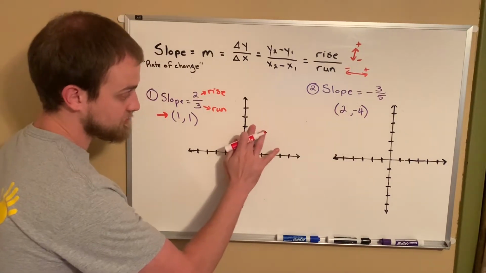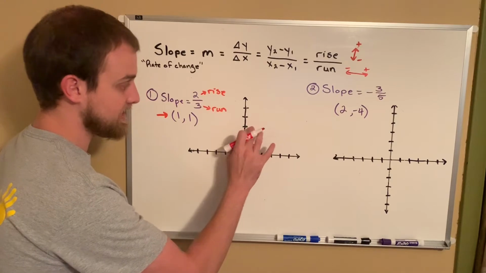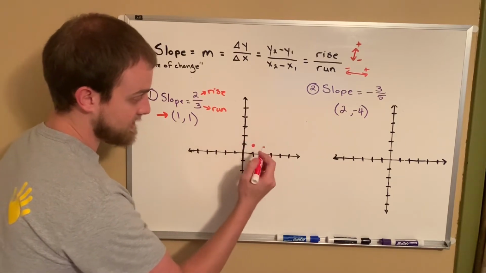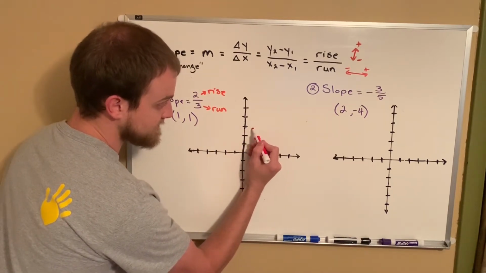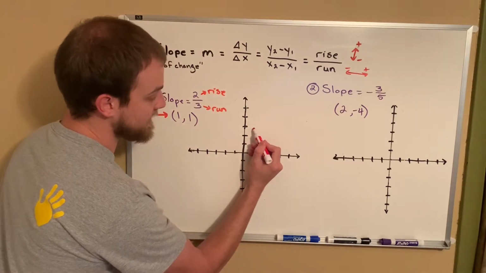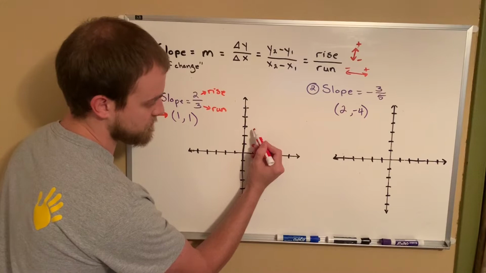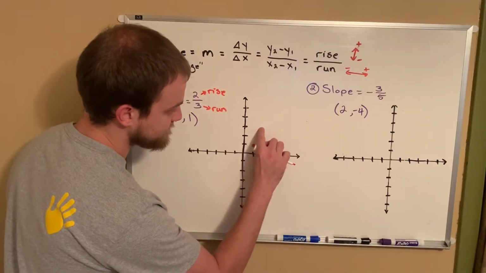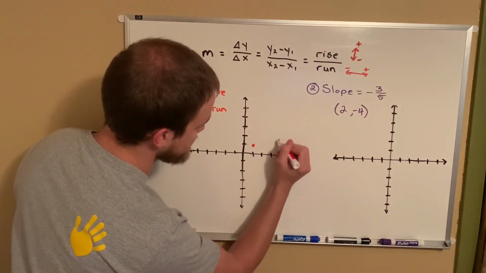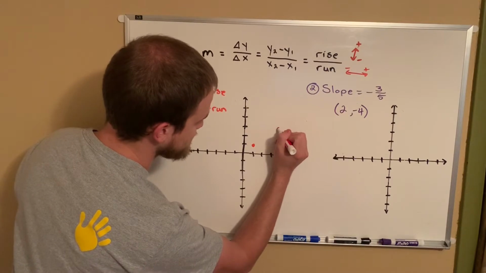Now, I don't want to draw a dot there because I'm not done yet. I need to run as well. Okay, so we're right here. Our rise got us to here. Now our run says, okay, we got to run positive 3. Well, positive means I need to run to the right, so I'm going to go 1, 2, 3 units to the right. My location is right here.